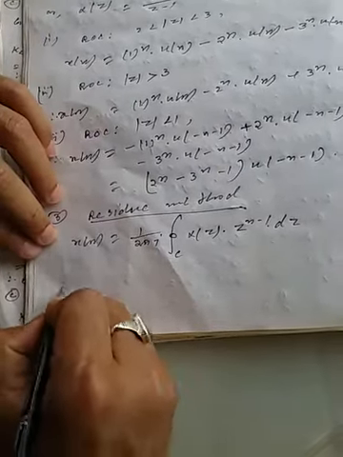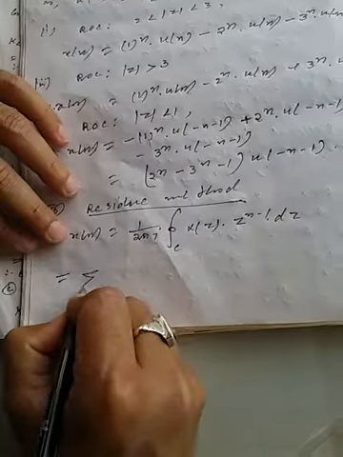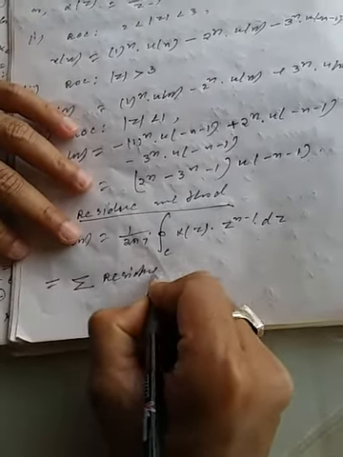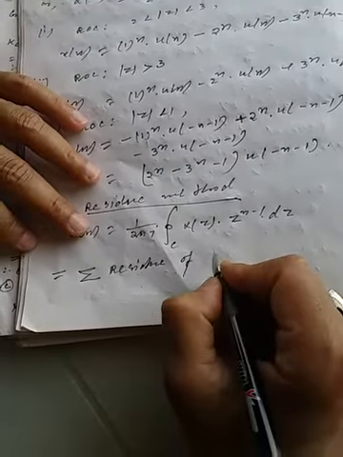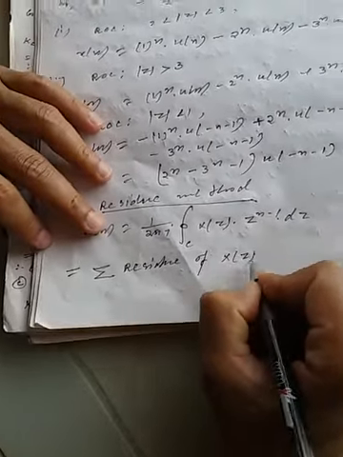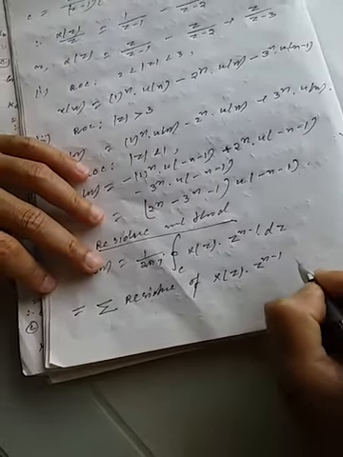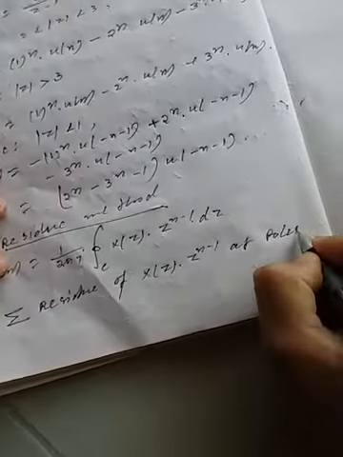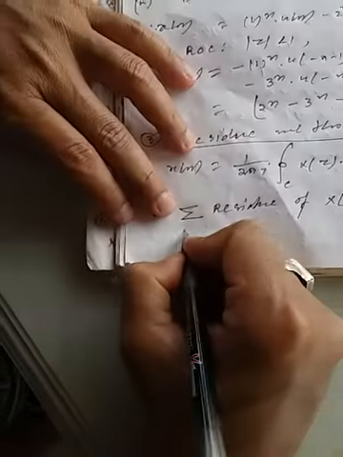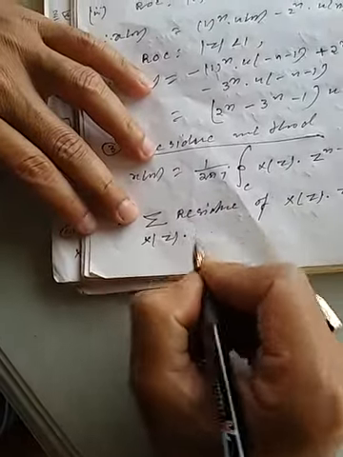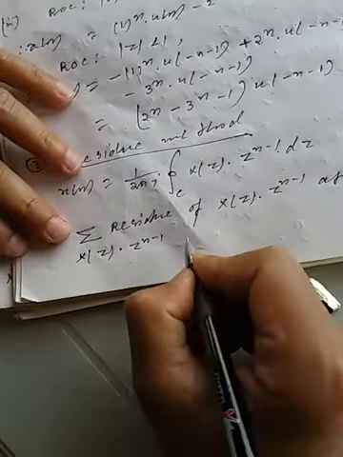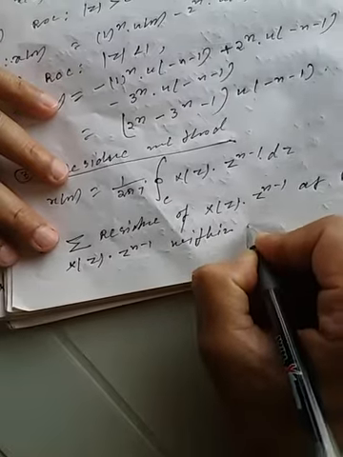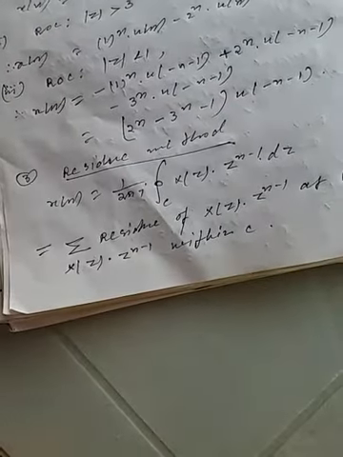From here we can write the sum of residues of X(z) into z to the power n minus 1 at poles of X(z) into z to the power n minus 1 within C. So this has to be done.